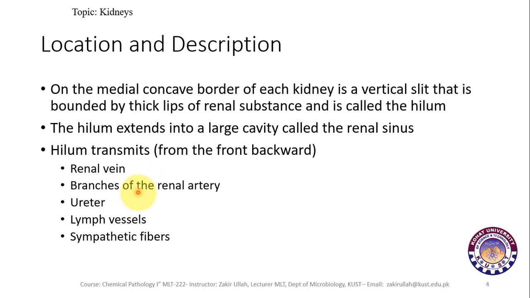Initially two branches, then the ureter, and the third branch right behind the ureter, and then the lymph and the nerve fibers. This is the order of the veins, arteries and structures that come out of the kidneys, from front to back.